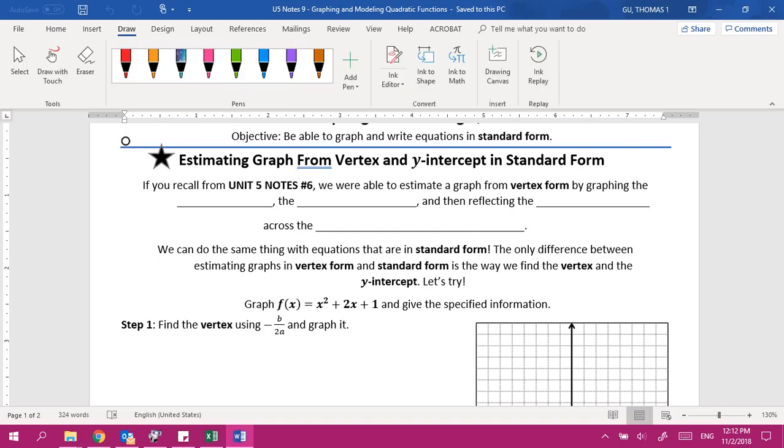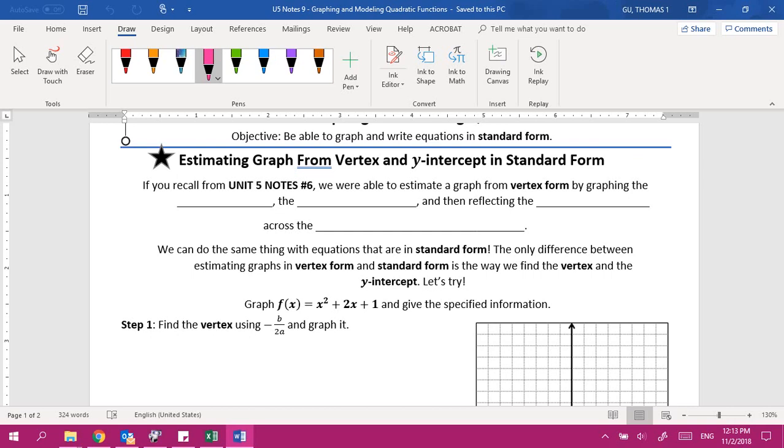But if you recall from Unit 5, notes number 6, when we were doing vertex form, we were able to estimate a graph from vertex form by graphing what 2 points? The vertex and the y-intercept.